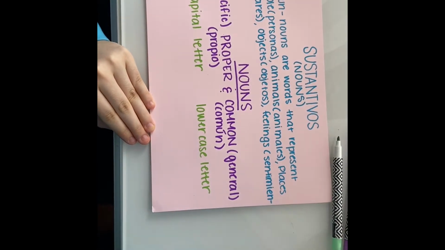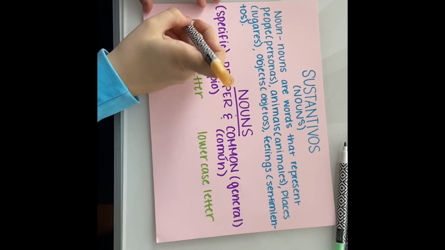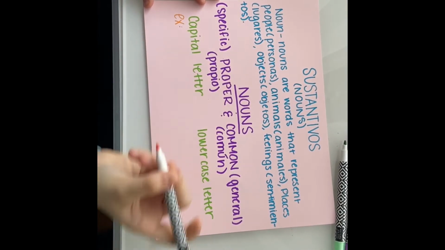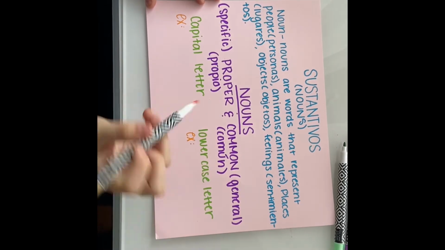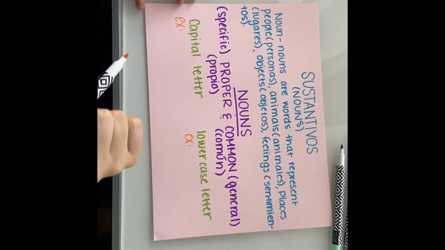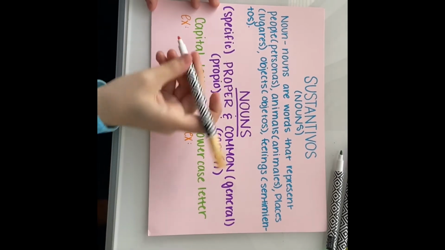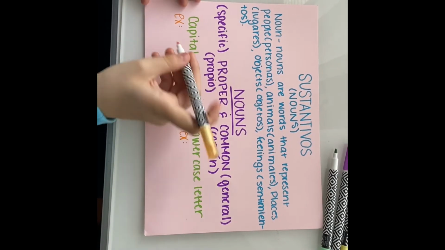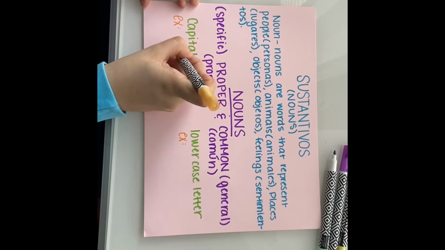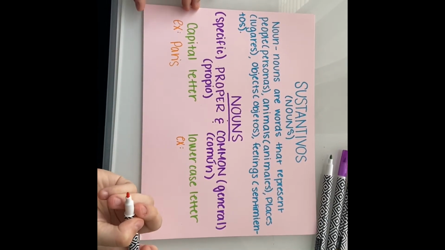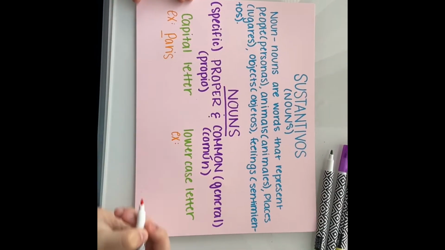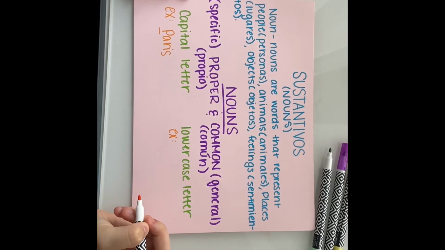So some examples for proper nouns or sustantivos propios are, for example, a name of a place o un nombre de un lugar, como Paris. As you can see, it starts with a capital letter, the capital letter P.